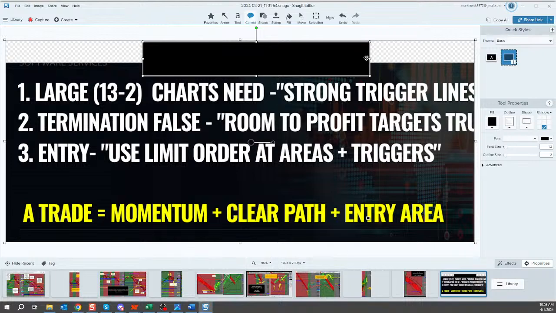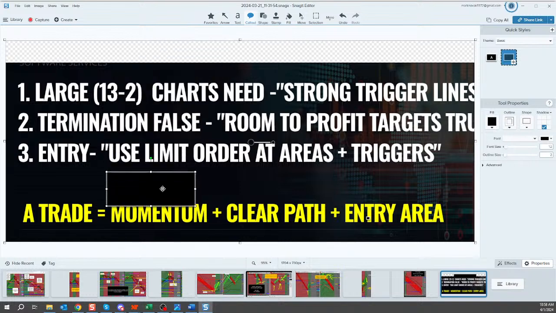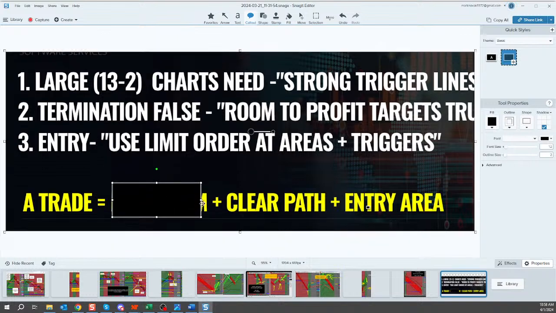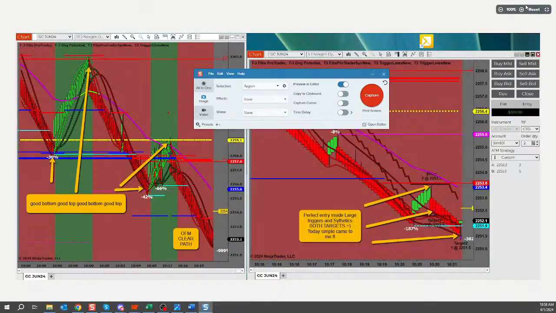Andy, you didn't have the best momentum, right? It was still good, but it wasn't the best. But you did have a clear path, and you did have an entry area, which means let's take an entry and manage aggressively, because it is still medium probability. Andy, this is perfect, 100%.